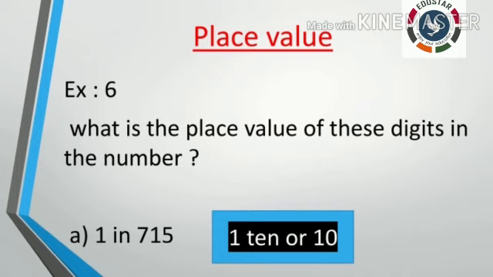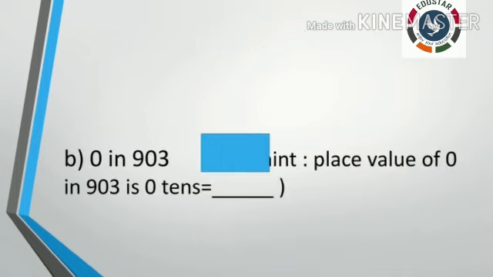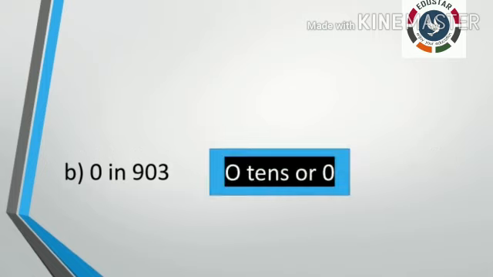Shall we explain the next question? Okay, next question for you. B. 0 in 903. See the hints. Place value of 0 in 903 is 0 tenths, isn't it? So we can say the place value of 0 is 0 tenths, or we can say 0. Okay, my dear.